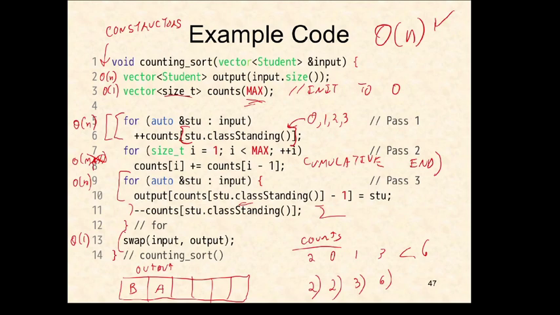And no, I don't think it's stable because we go through from left to right, but we put them in a region from right to left. So as written, it's not stable.